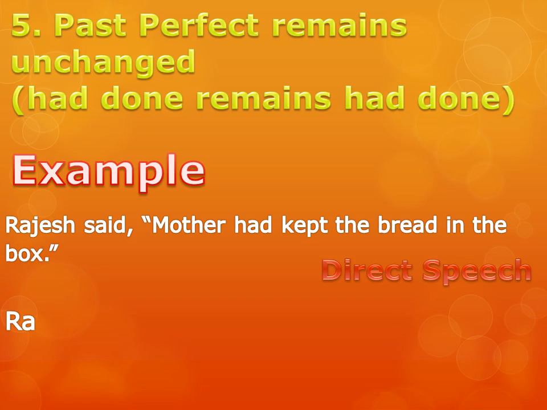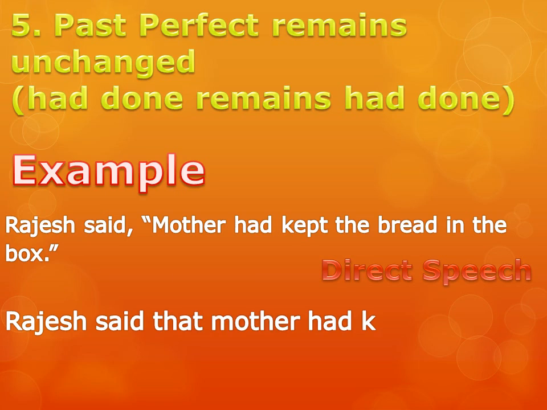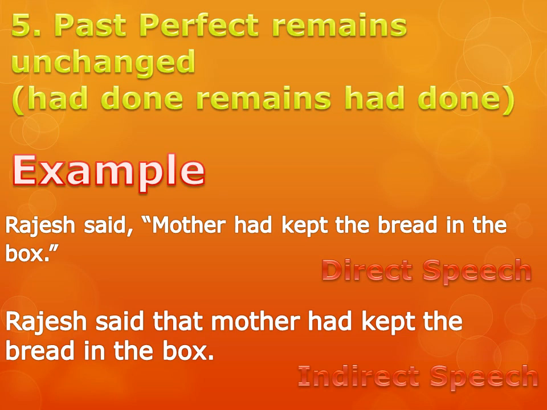Now when we change this direct speech into indirect speech, it becomes Rajesh said that mother had kept the bread in the box. So here we can clearly see that the past perfect had kept has remained unchanged in the indirect speech also. That means there is no change.